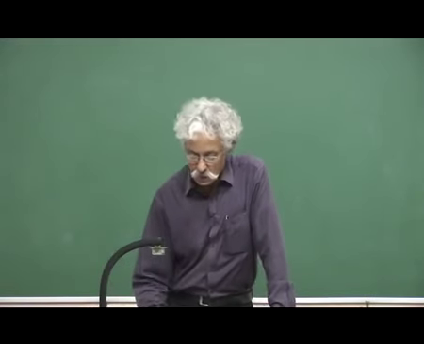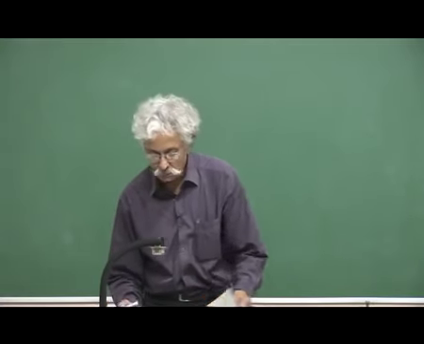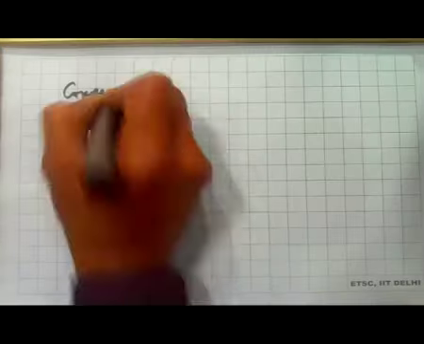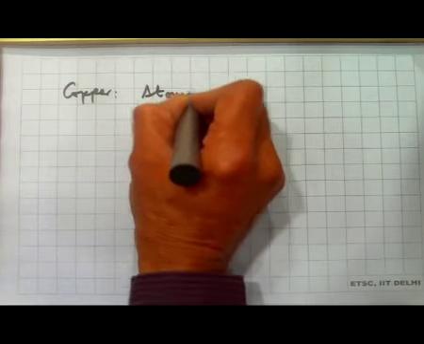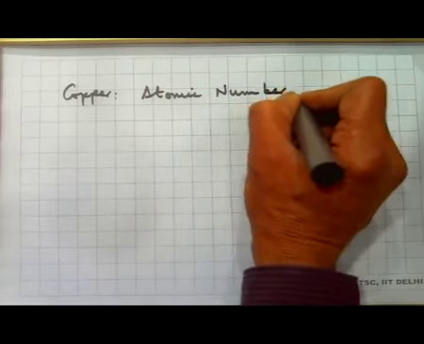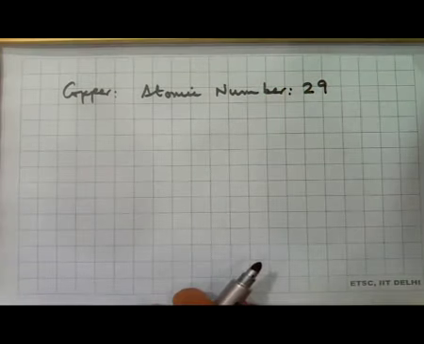Now, let me assume that these objects are made of copper. Its atomic number is 29. That means there are 29 electrons per atom, 29 protons per atom.